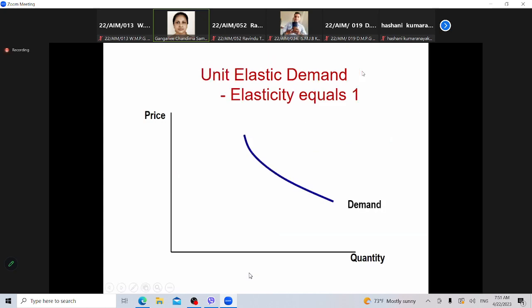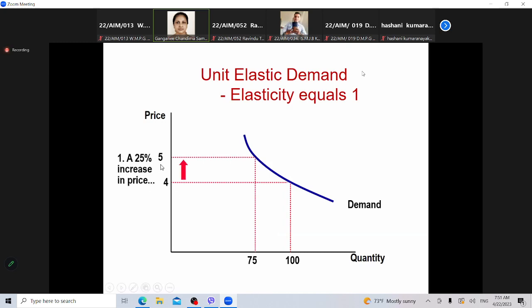So elasticity equals 1. Here you can calculate that when price goes from 4 to 5, a 25% increase, you can see a 25% decrease in quantity, from 100 to 75. That is 25 divided by 100 multiplied by 100, then the 1 rupee change from 4 multiplied by 100.